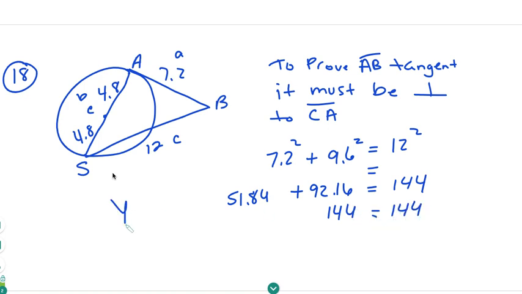So yes, AB is tangent to circle C based on Pythagorean's theorem.